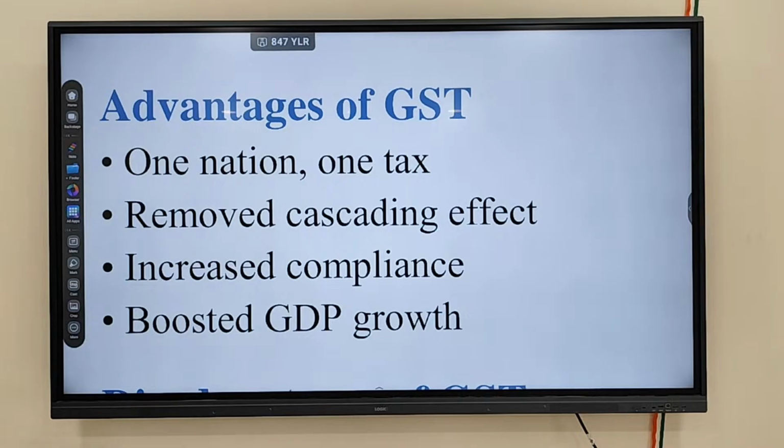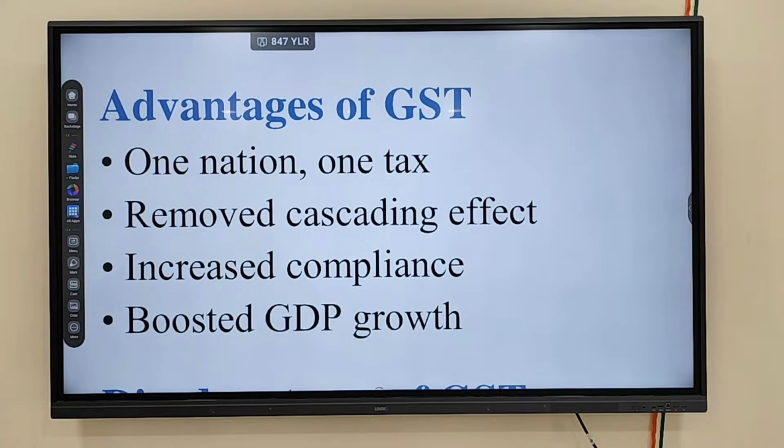If it is 5 rupees, throughout the nation you will get it at 5 rupees only. Before GST, it was not like that. The price of commodities used to vary. Wherever it was manufactured in that state, the price was less. Wherever they transported those goods, the price was more because they included transportation cost also.